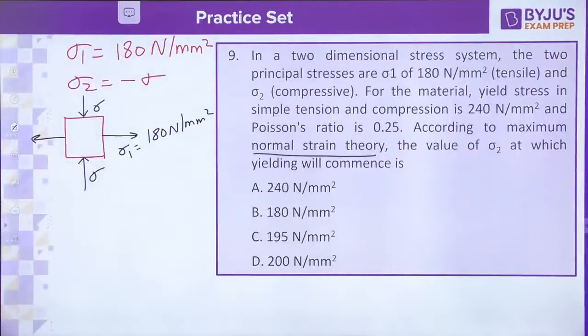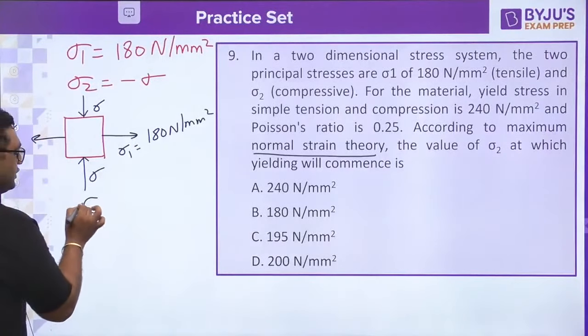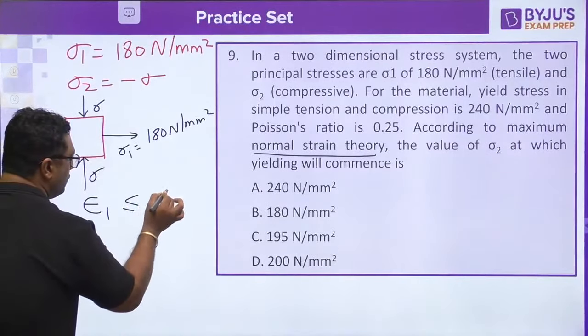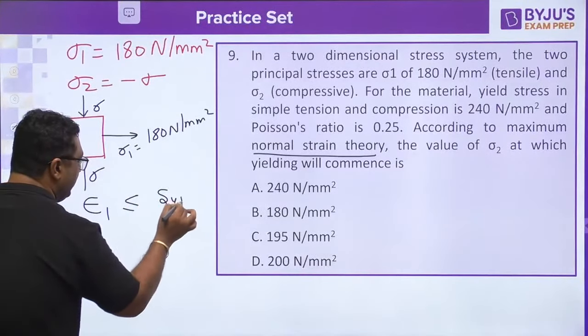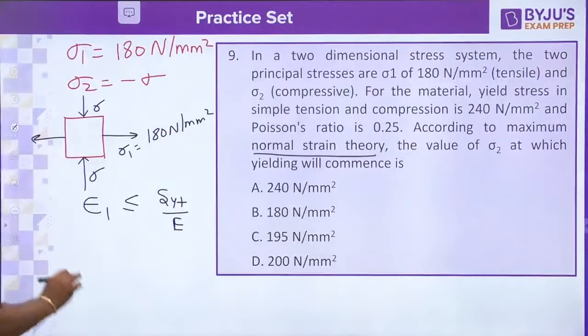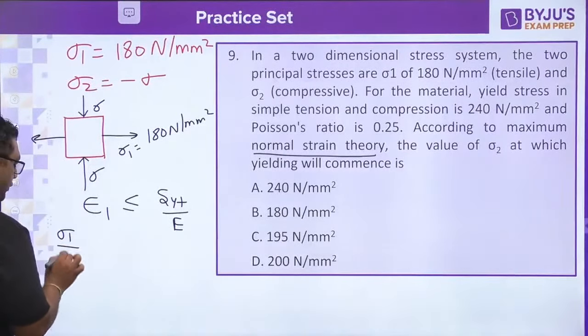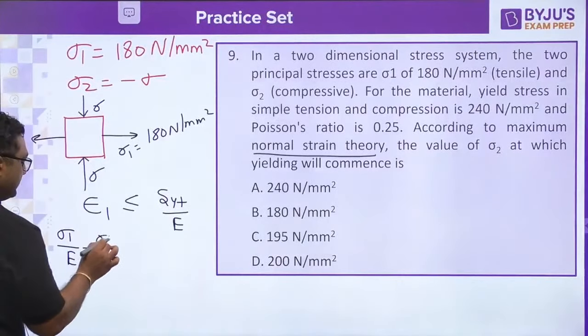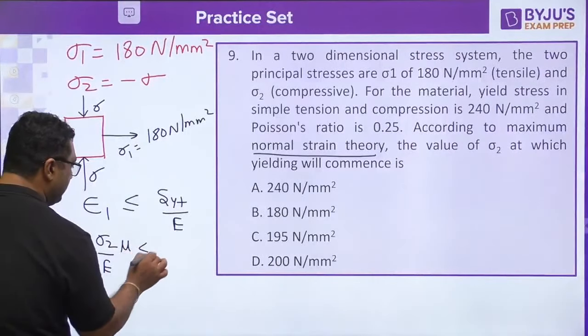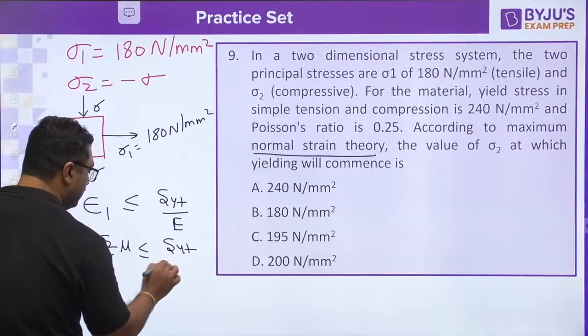First of all, for epsilon 1 less than or equal to SYT upon E, epsilon 1 is sigma 1 upon E minus mu times sigma 2 upon E, less than or equal to SYT upon NE.